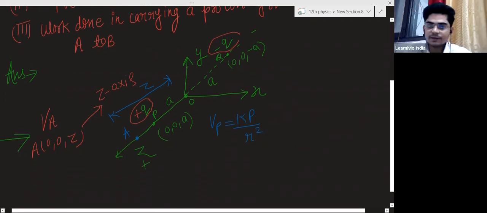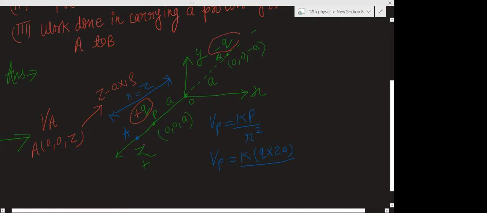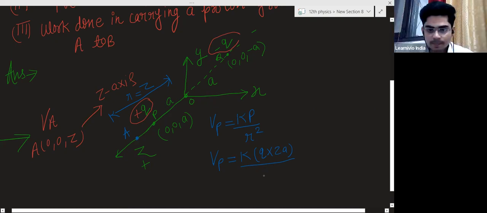I am taking this as an ideal dipole, so we can calculate the value of P. The value of P is q into 2a, and r square means the distance squared, so r is z and this will be z square. So this is the potential at point A.